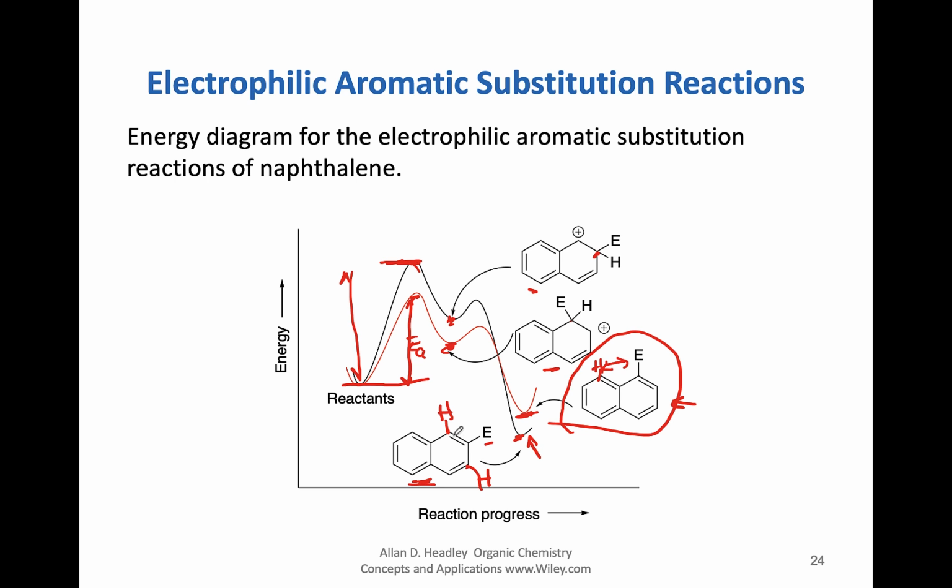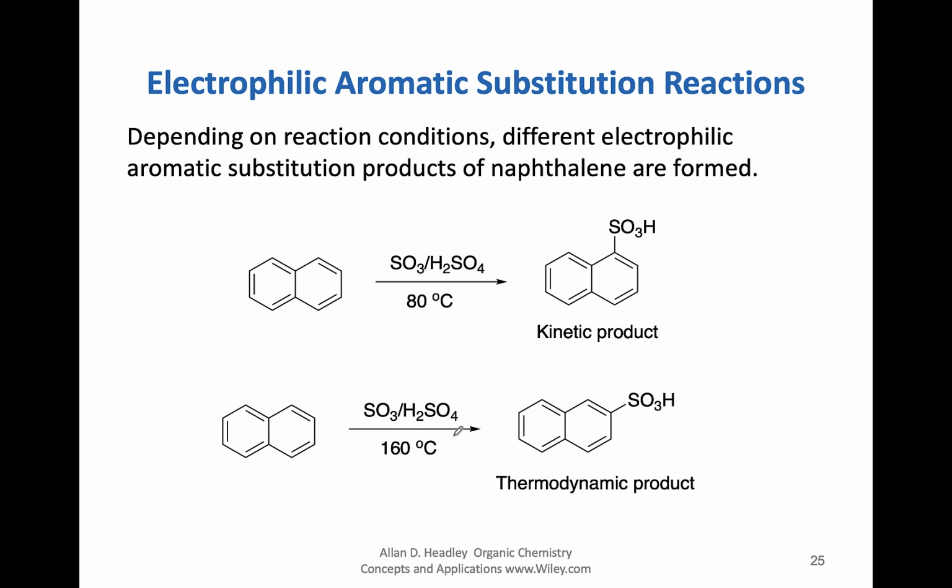So let us look at the summary. So if you have naphthalene here, run the reaction, or the sulfonation in this case, at a low temperature. There's just enough energy to get to the more stable intermediate.